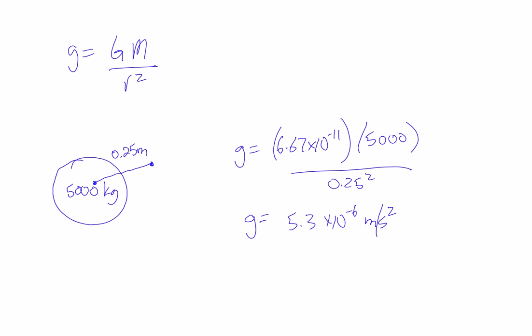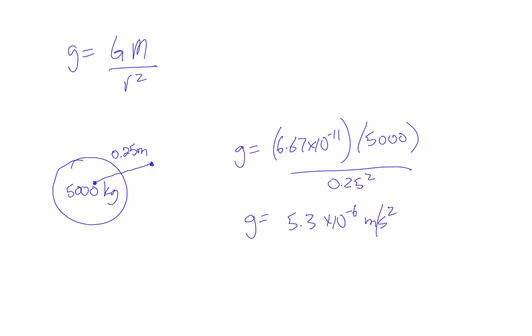The only way you'd be able to feel the gravity of another object would be if it was right above you. So Earth was pulling you down, you had some other object pulling you up, you might be able to sense the change in the gravitational pull. But for that to happen, we'd need a massive object, near the size of the Earth or something like that, for you to notice the difference.